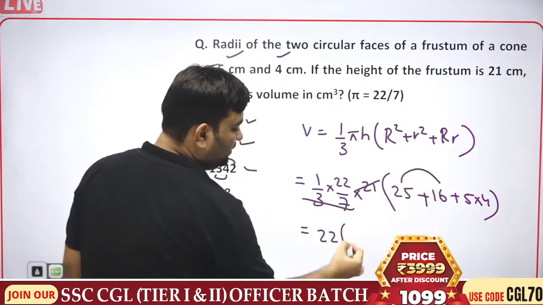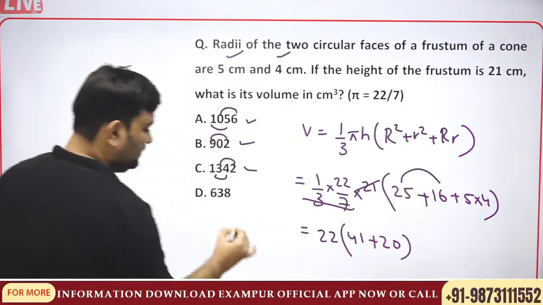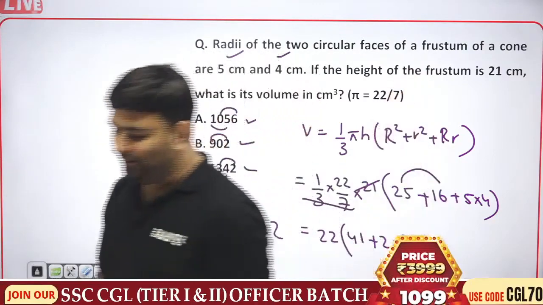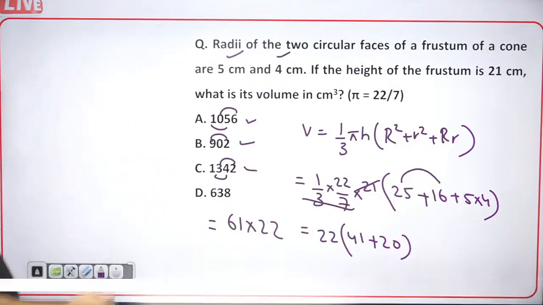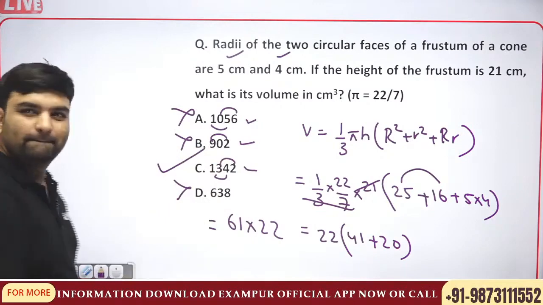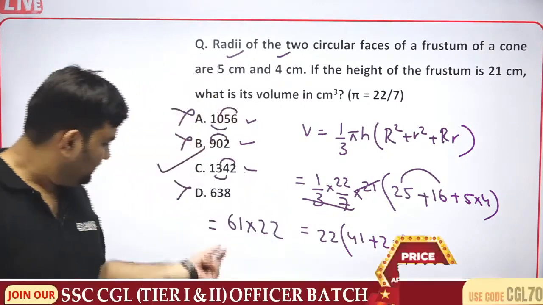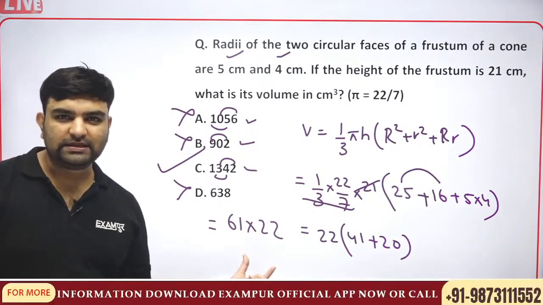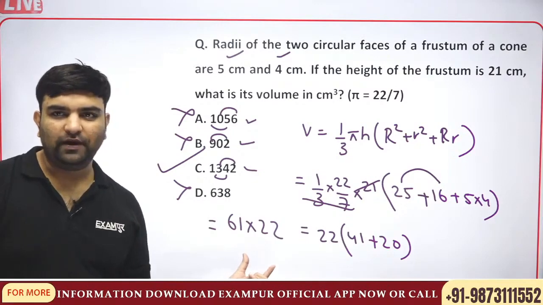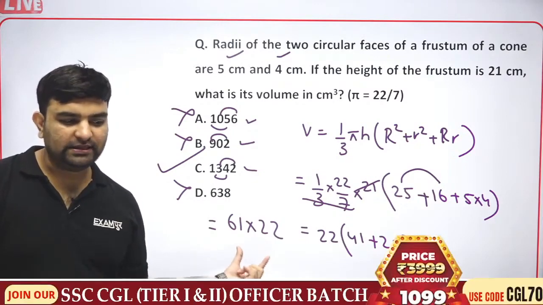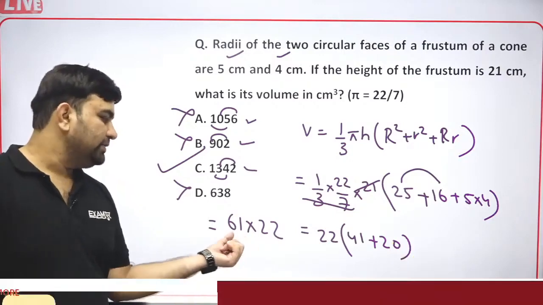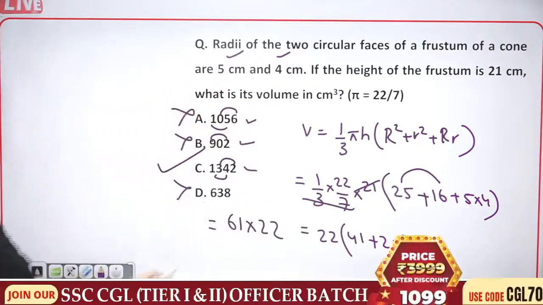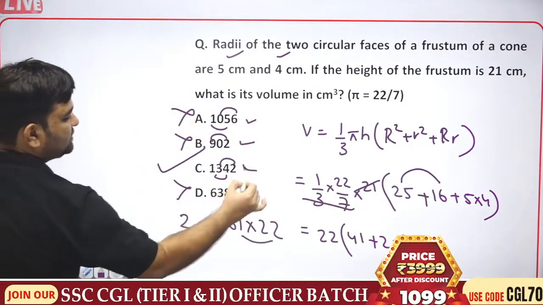So this is 41 plus 20, 61. 61 into 22 looks like more than 1200. Even 60 into 20 will go beyond 1200. So 61 into 22 will definitely be beyond 1200. So the answer is this, and the unit digit is 2 as well.